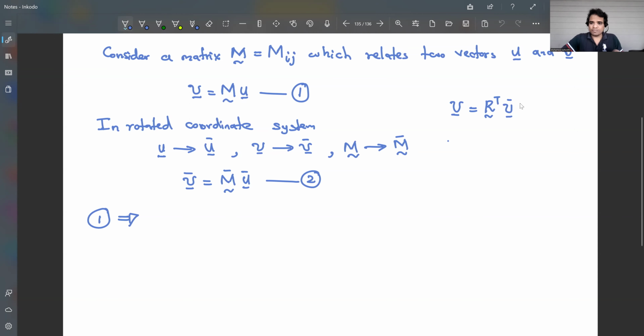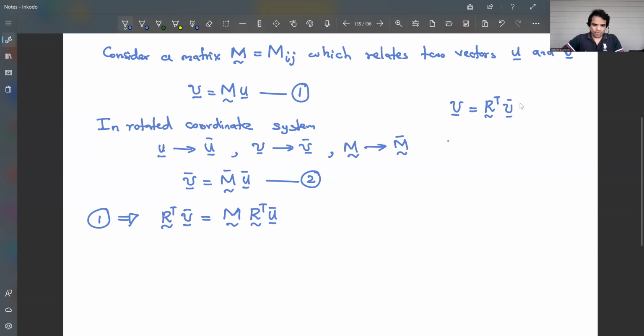Instead of V, I will write R transpose into V bar, equal to, I'll keep M the same, M U, and instead of U, I will apply again the transformation rule, that means the rotation matrix into U bar.